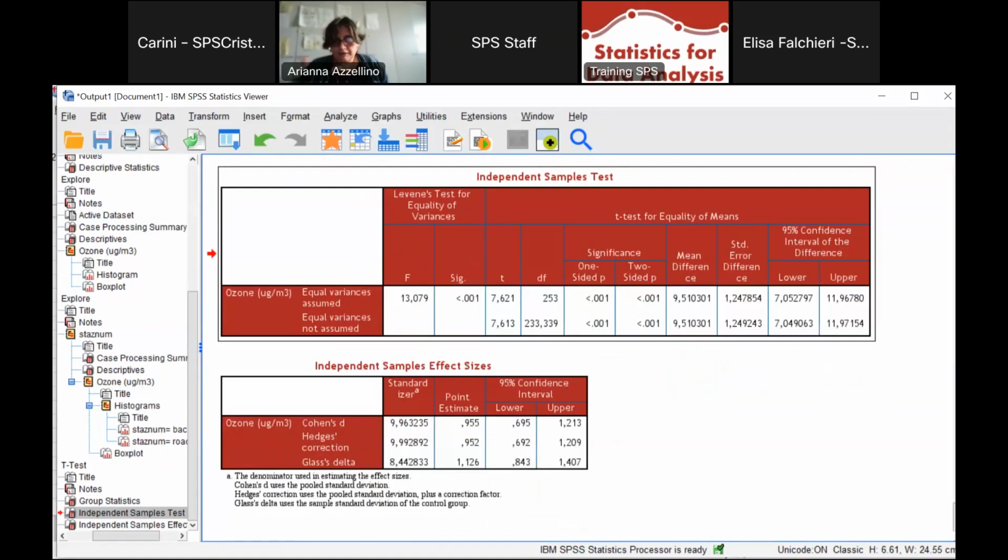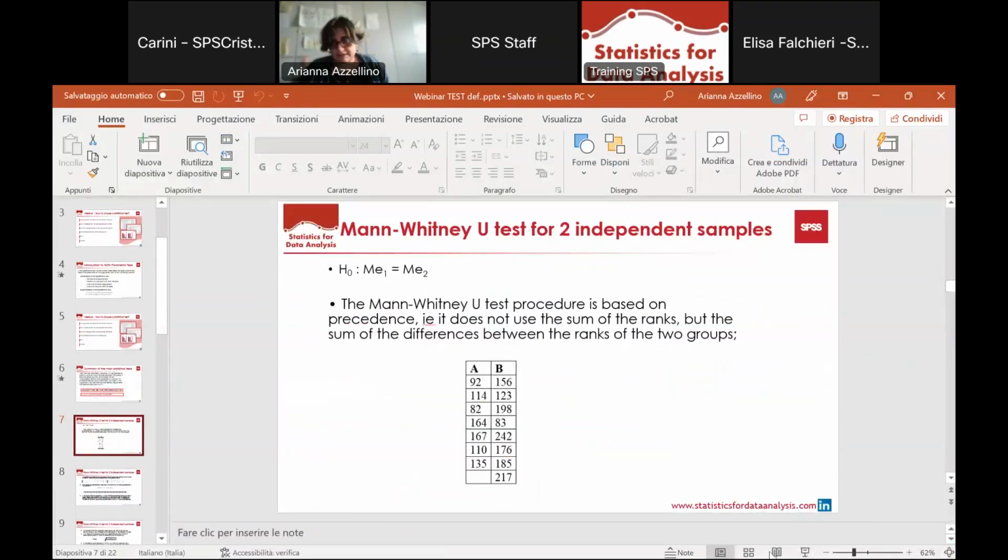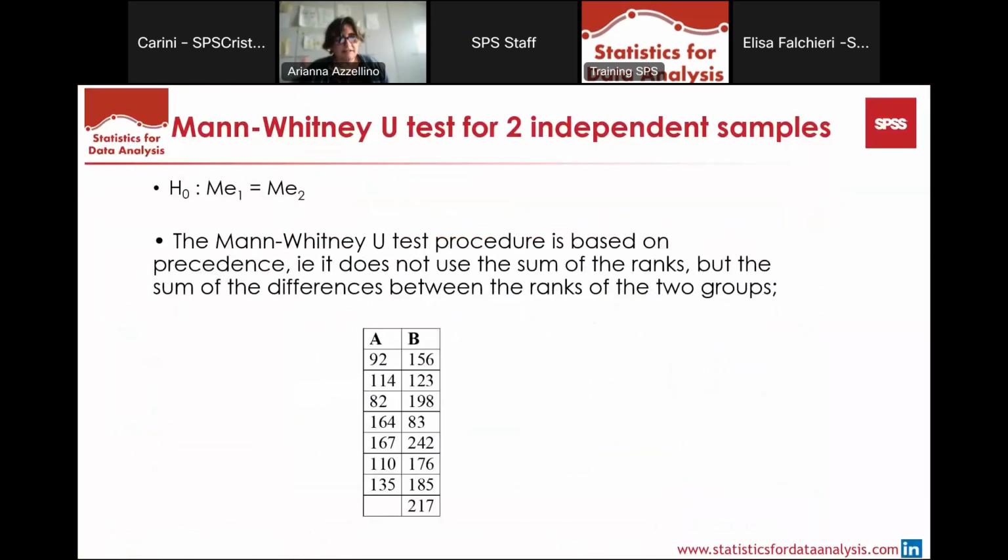So let me go back to the slides and let's discuss very briefly the corresponding non-parametric procedure. As I said, there are many non-parametric procedures that could be used to test a situation similar to the Student's t-test.